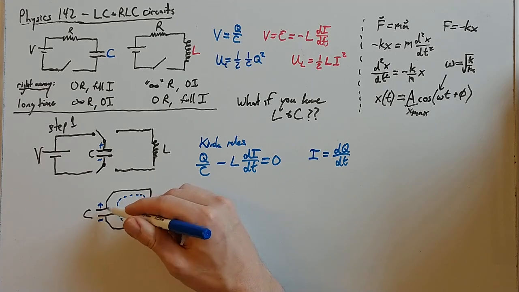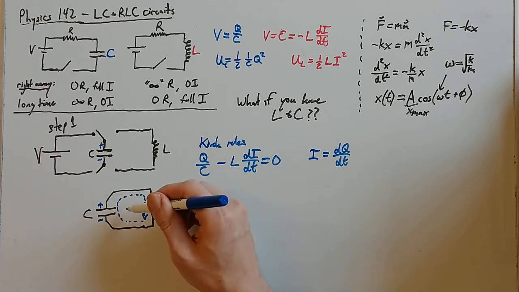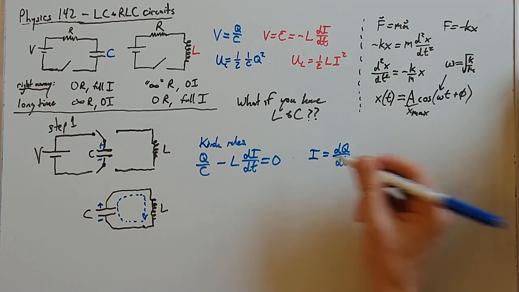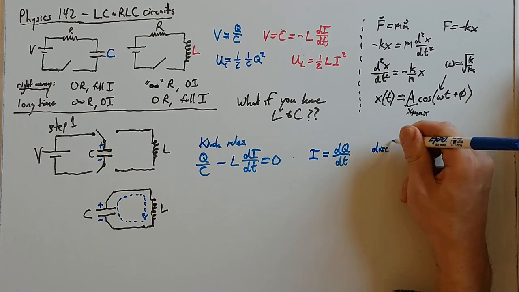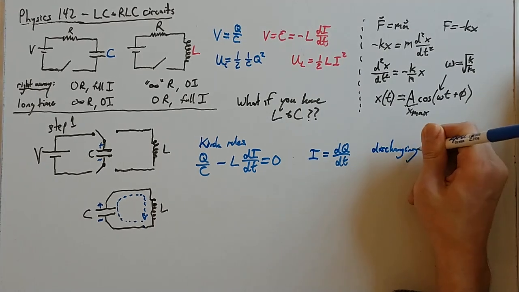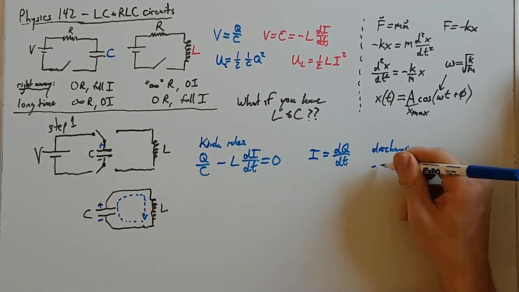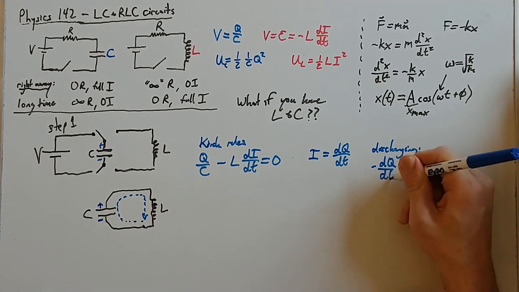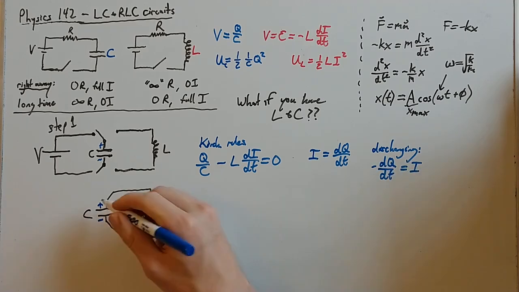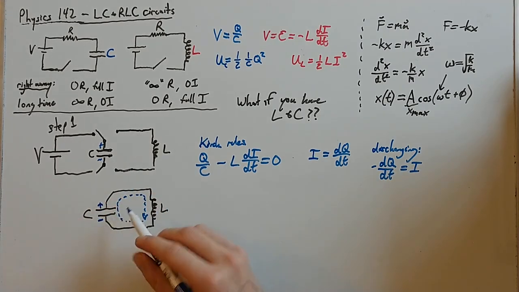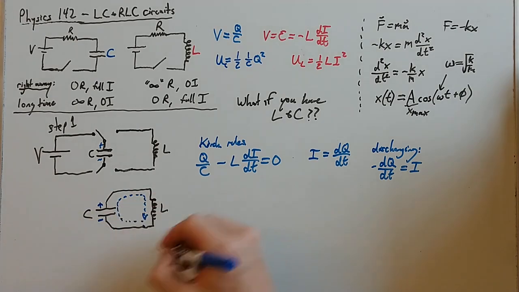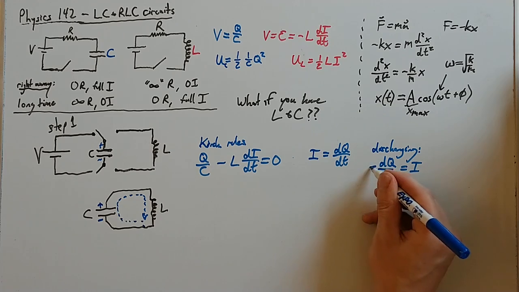If the capacitor is losing charge, but we're gaining current, then I need to put a minus sign in this equation. So if we're discharging the capacitor, so we're losing charge, then we're going to have minus dq dt is equal to the current, because the charge on the capacitor is going down and the current is increasing. All that charge on the capacitor is going into the current. So we put the minus sign in.